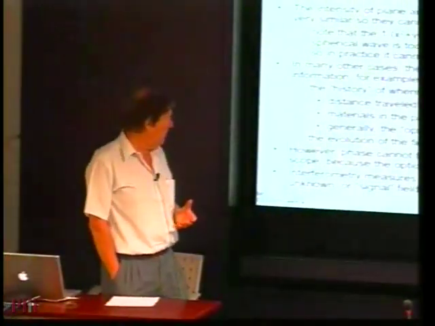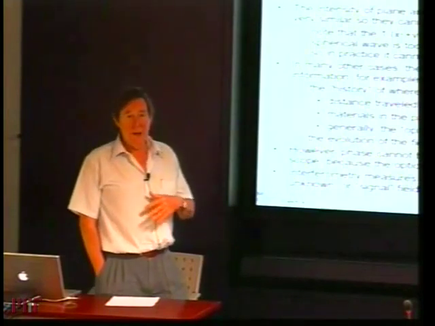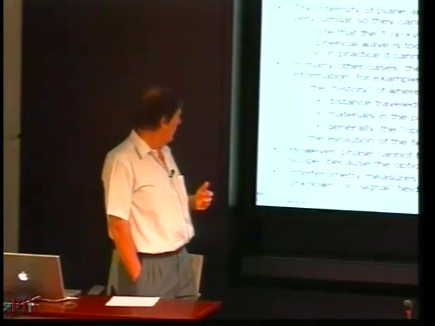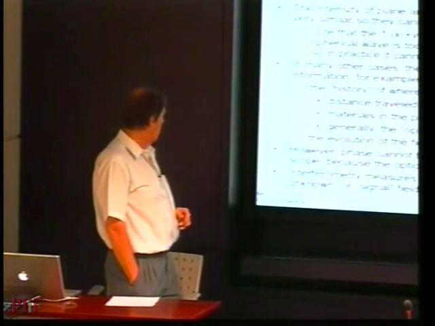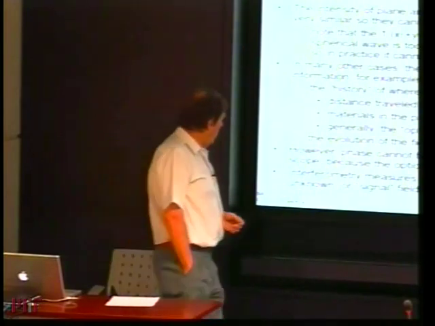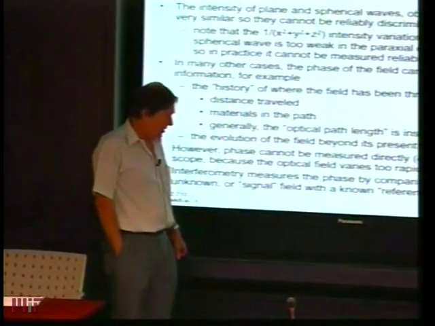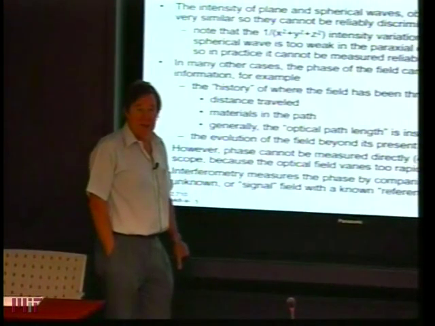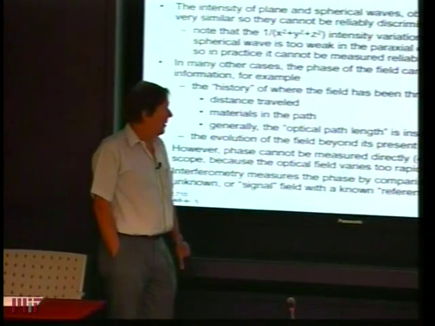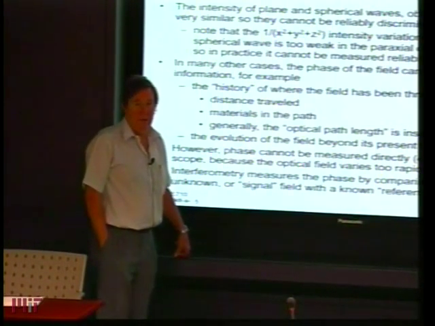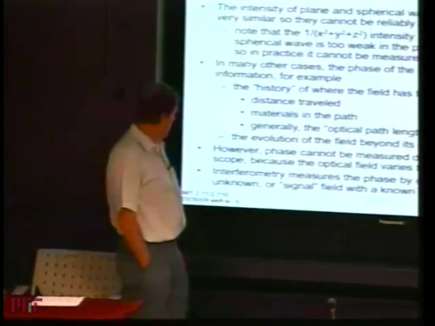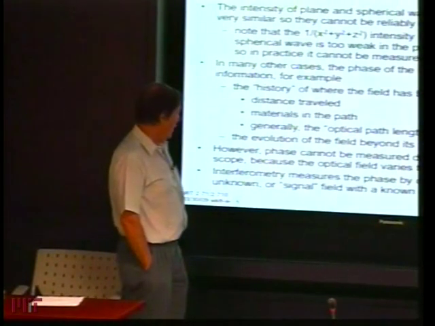That will change the phase, so if we can measure the phase, we can find out information about those things. The problem, though, as we've said before, is that the phase is not something you can actually see directly, because it's so fast. 10 to the 15 hertz is typical, much faster than you can measure with any electronics. So how do we do this?